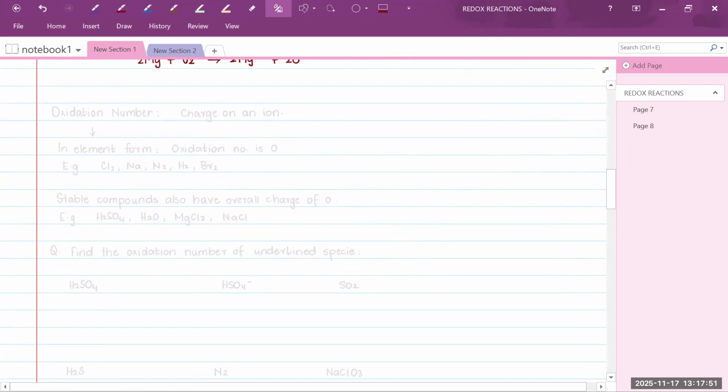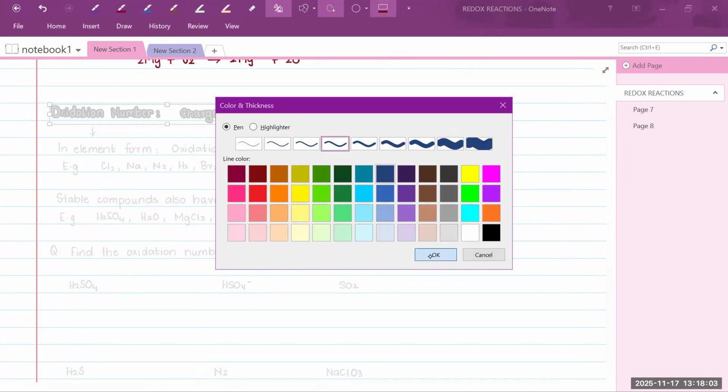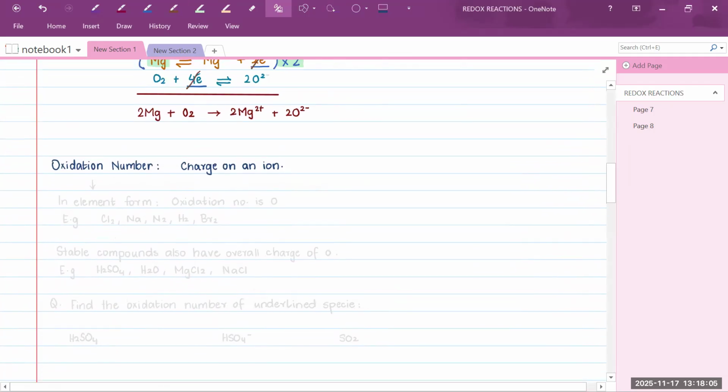Okay, moving on, we'll be doing the definition of oxidation number. Like we just saw, oxidation number is the charge on an ion.